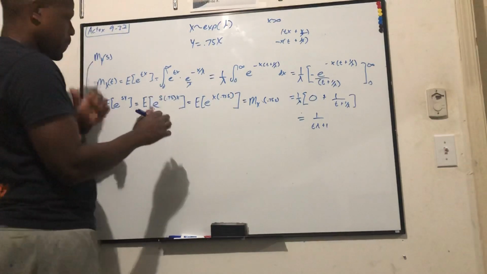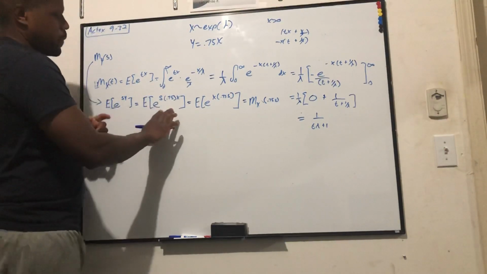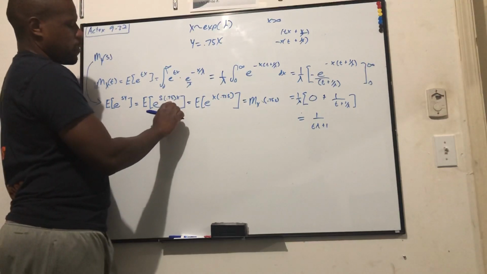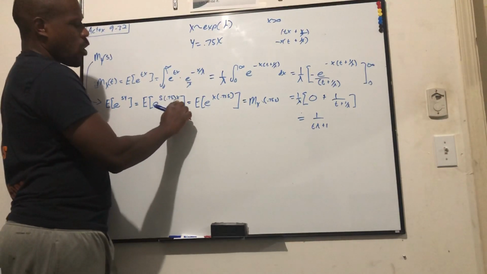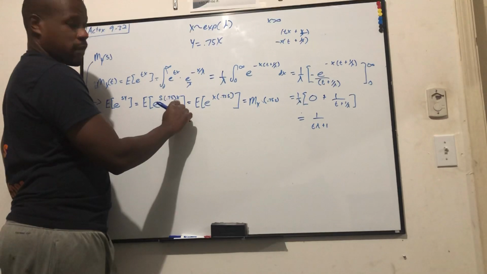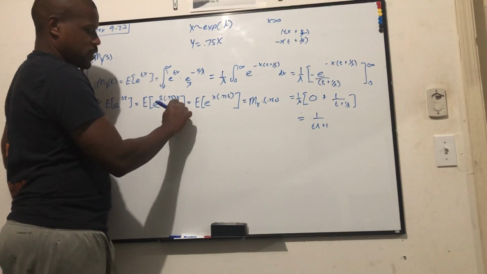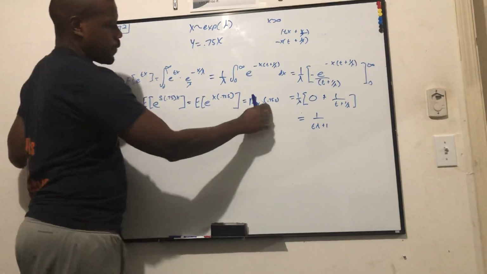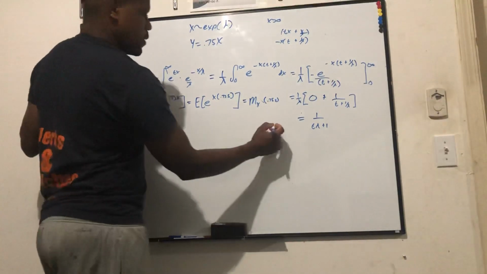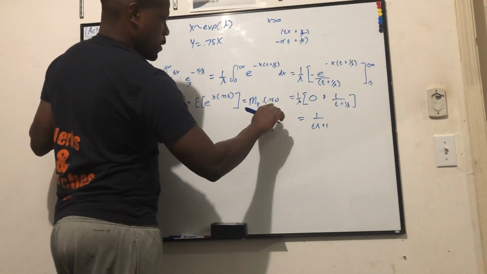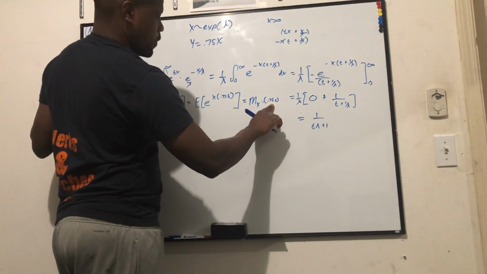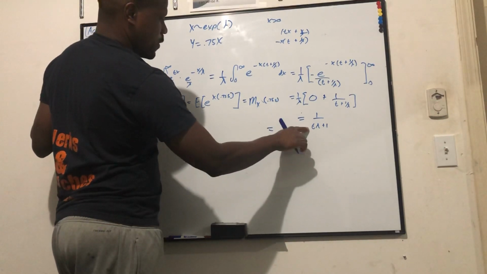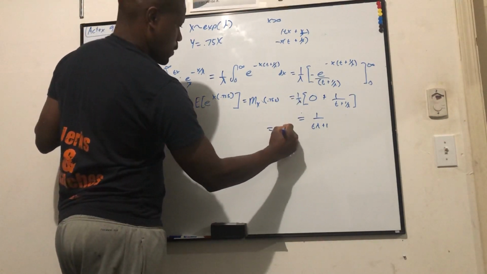You see how that works? I know what the moment generating function of the random variable X is. I use that, and using these as my inputs now, easy peasy, wherever I would have put my input t, I put there.